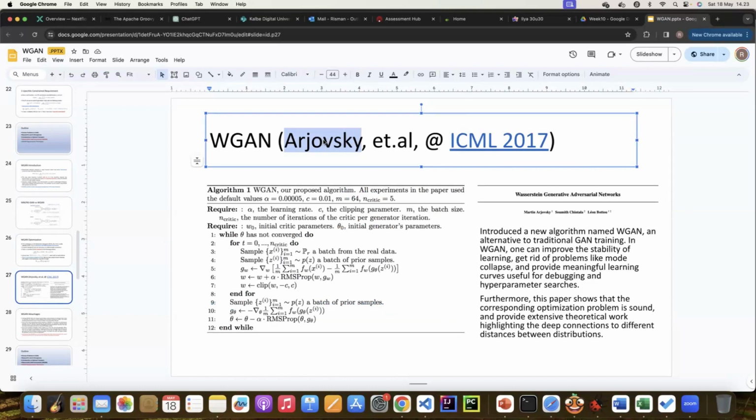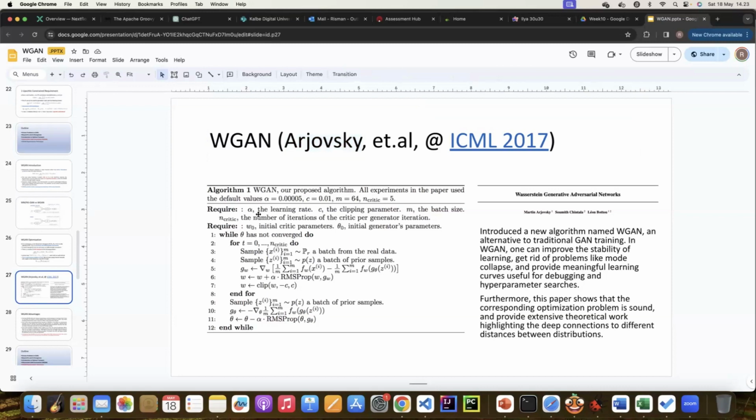First, assuming the generator parameter is theta, while theta has not converged, iterate: update the critic function or discriminator many times, n critic times, by sampling a batch from real data and a batch from the generator, and then compute this loss function, and update the parameters using RMSProp.